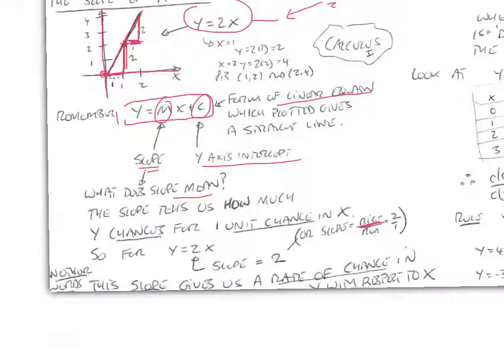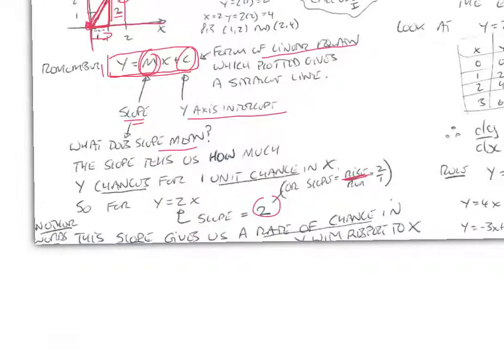So if we were looking to find the slope from the graph of this line here, we could just take this point to this point, and we note that the rise is 2 and the run is 1. So 2 over 1 is 2. And we know just from the equation of the line, without doing any calculations, that the slope is 2.